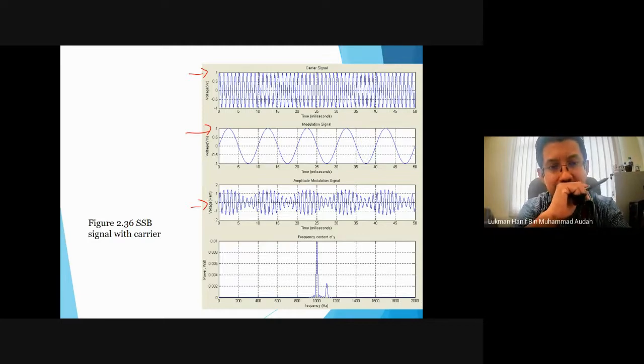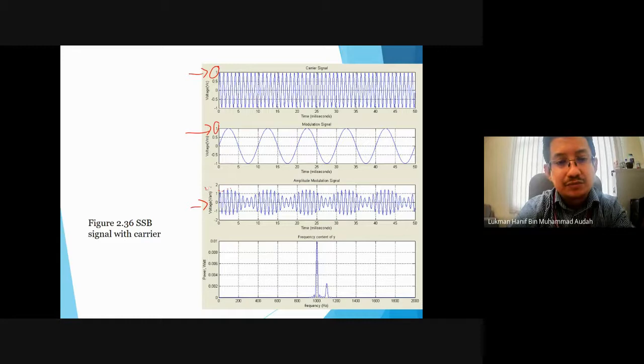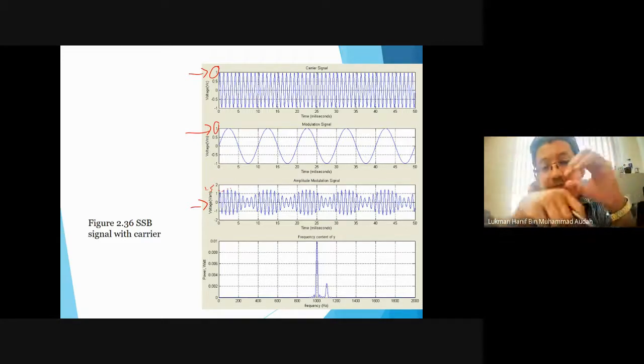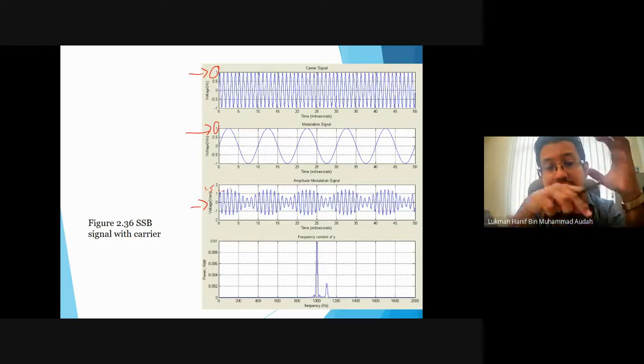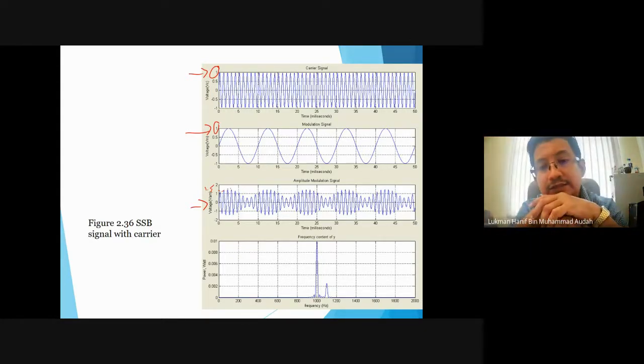Okay, kalau dilihat dari segi amplitude, yang pertama 1 dan di sini lebih kurang 1.5. So output dia punya tinggi itu lebih kurang seperti double sideband full carrier, yang mana dia ada lebih sedikit. So tak apa. Gelombang ini juga kelihatan seperti double sideband full carrier.